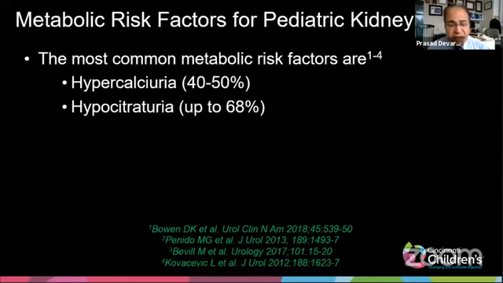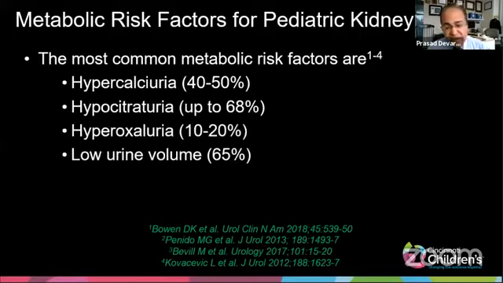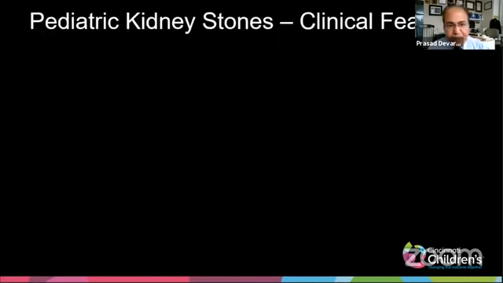We talked about hypercalciuria, but hypocitraturia has now become the most common cause. In the case that we presented, it was hyperoxaluria, and there's low urine volume, which exacerbates crystal formation and kidney stones, no matter what the underlying metabolic factor is. Recent trends have shown a dramatic increase in the detection of hypocitraturia in patients with kidney stones, and we really don't know why.